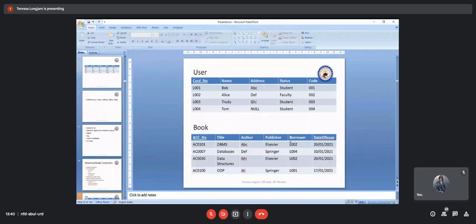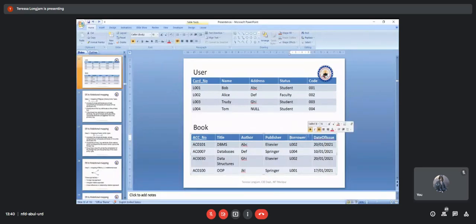Here see this attribute borrower in the book relation. This borrower is the card number of the users, isn't it? That means this borrower attribute is referring to the card number of the user relation. So by using this borrower attribute and this card number attribute, the user relation and the book relation are related to each other.